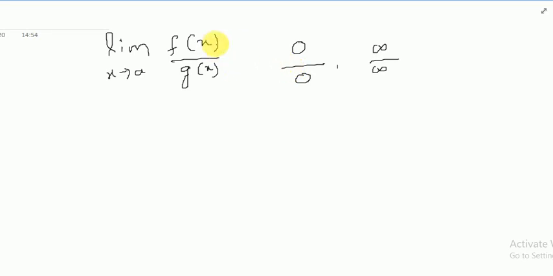So once you differentiate this, then you will get f dash of x divided by g dash of x. Still, if it is in the form of 0 by 0 or infinity by infinity, again you need to differentiate this. Whenever it will be free from this 0 by 0 or infinity by infinity, then you can easily substitute x tends to a and you will get the value of the limit.